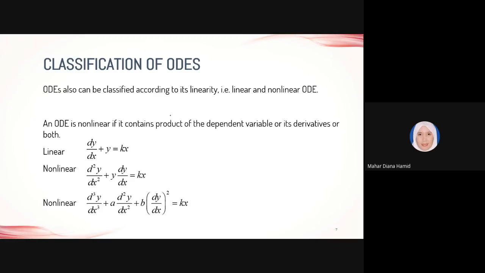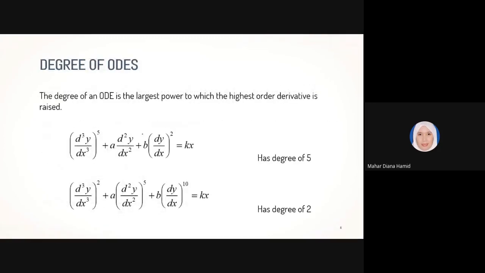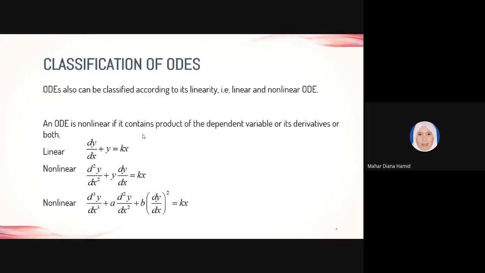If we refer back to the first equation, we will see that this is linear since it does not contain the product of the dependent variables, while the second and also the third equation are non-linear due to the fact they contain products of the dependent variables.